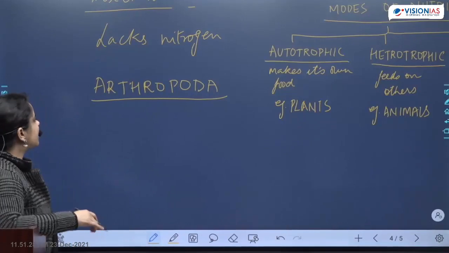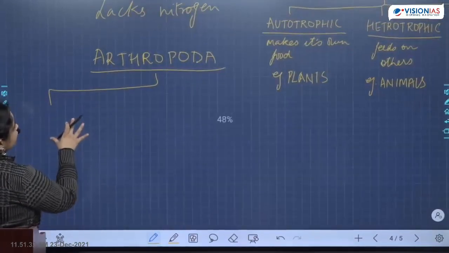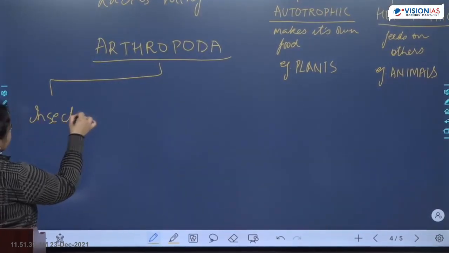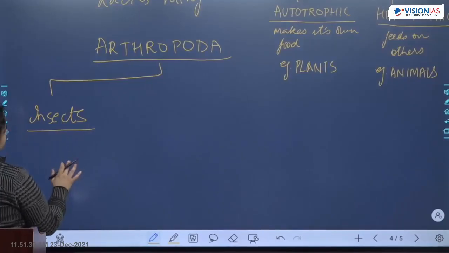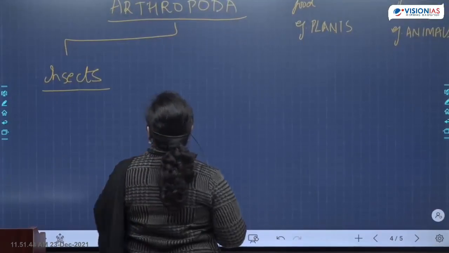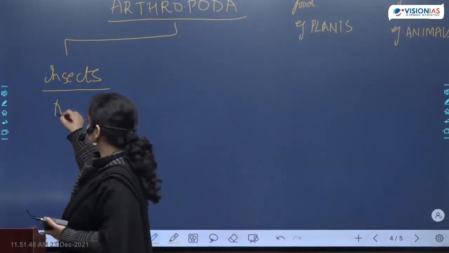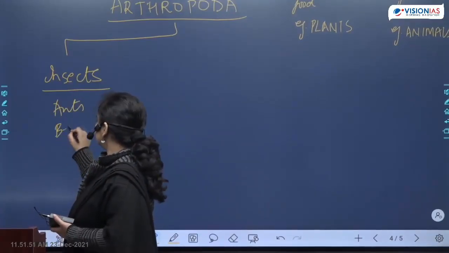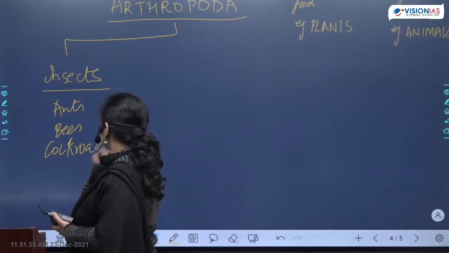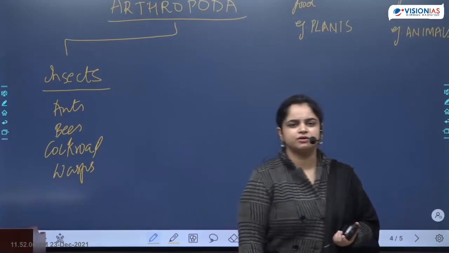Arthropoda group has the maximum number of species, and we are going to divide it into 3 further categories. First is insects. So under insects, there are a lot of examples which you can think of: ants, bees, cockroach, wasps. Any of these you can write down.